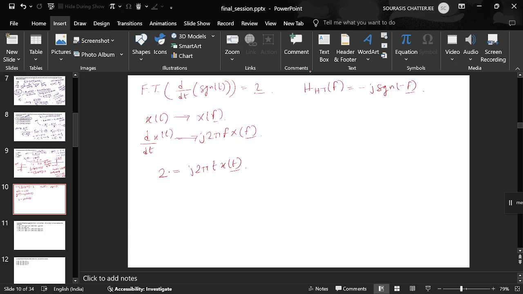There would be another j on this side that will come from here, and the minus sign will already be taken care of.